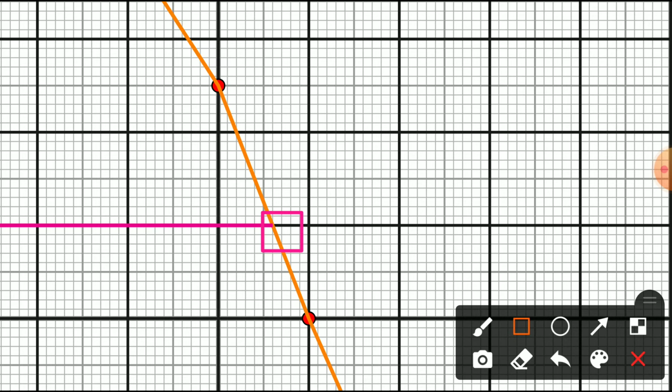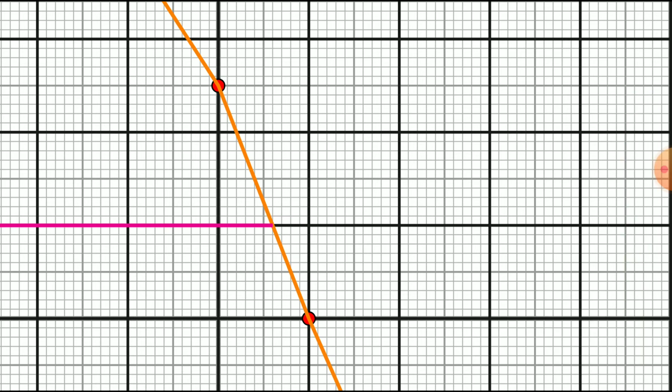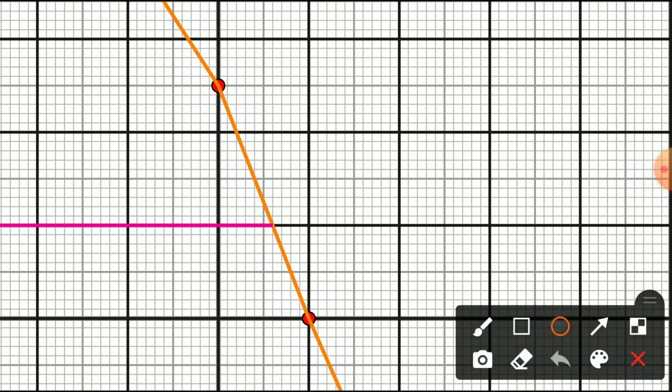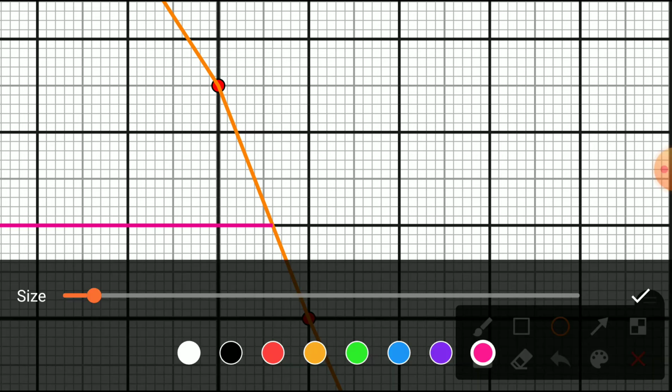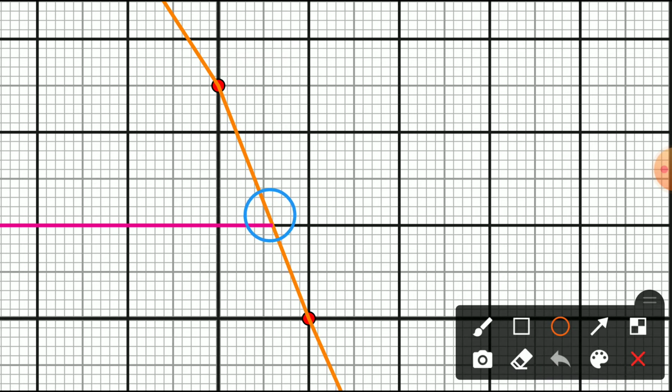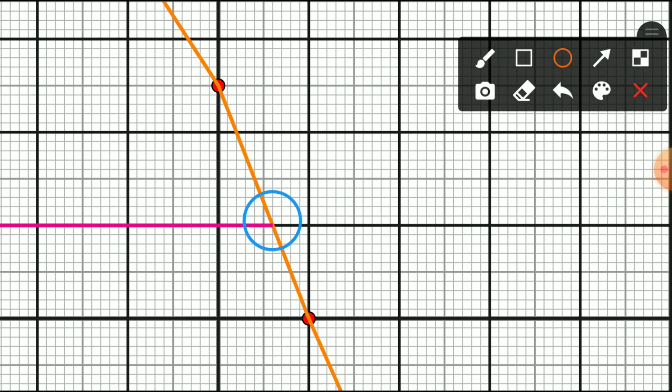From this point we have to drop a vertical line, or a perpendicular, on the x-axis, and the foot of the perpendicular is nothing but the median of the given data.